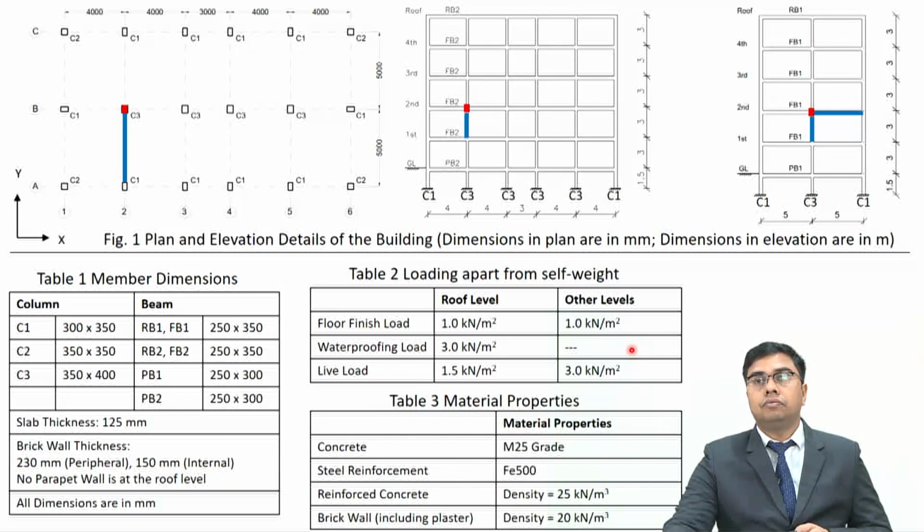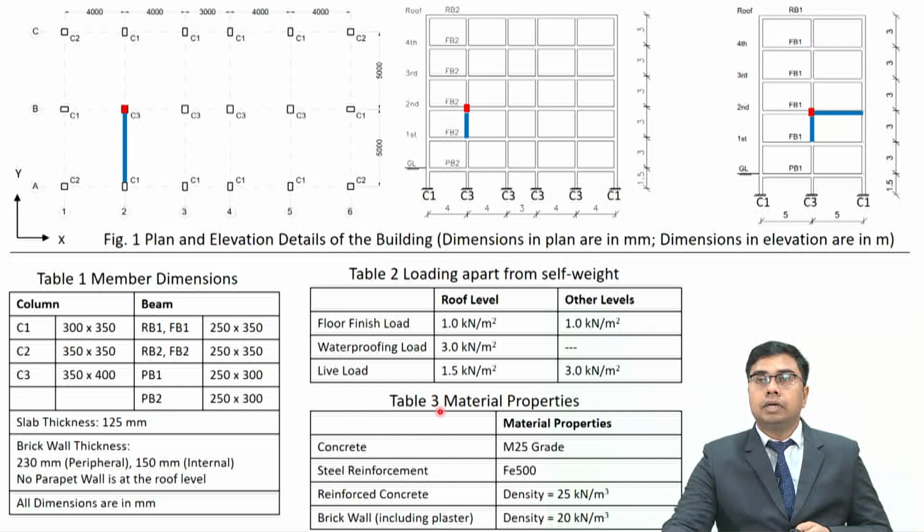At other levels, the waterproofing layer is not there, so there is no waterproofing load at other levels. Live load is available on all the levels. On the roof level, due to limited accessibility, we assume that the live load is 1.5 kilonewton per meter square, and at all other levels the live load is 3 kilonewton per square meter.